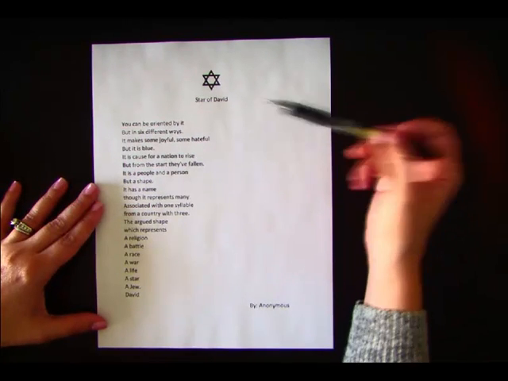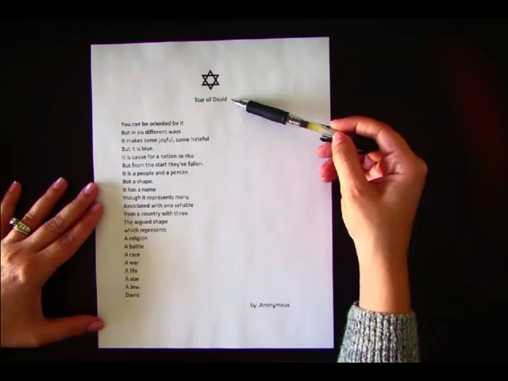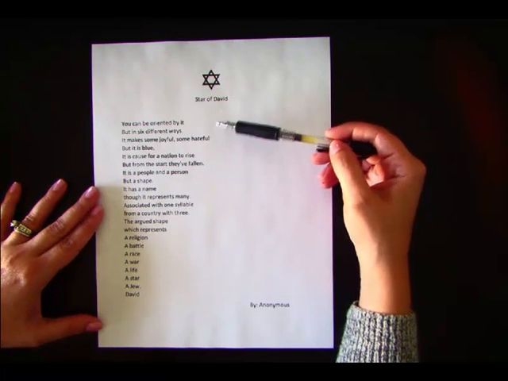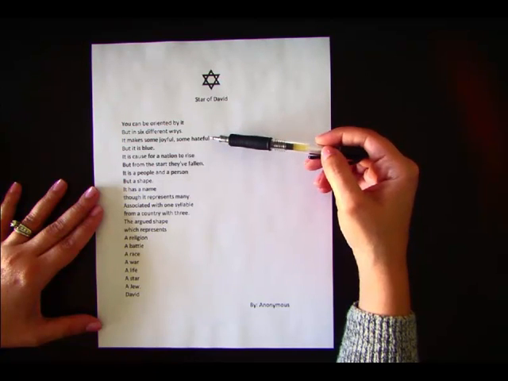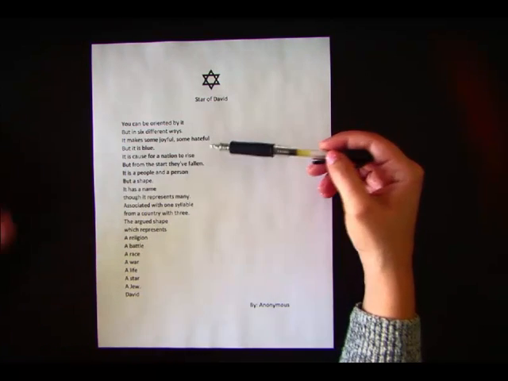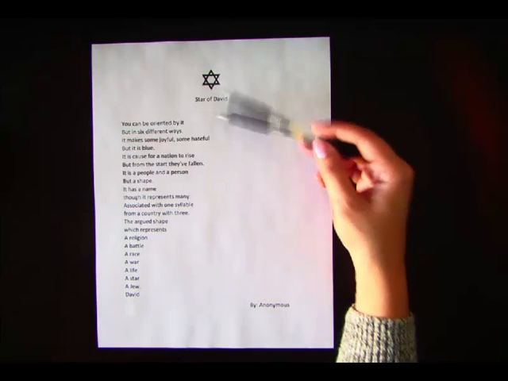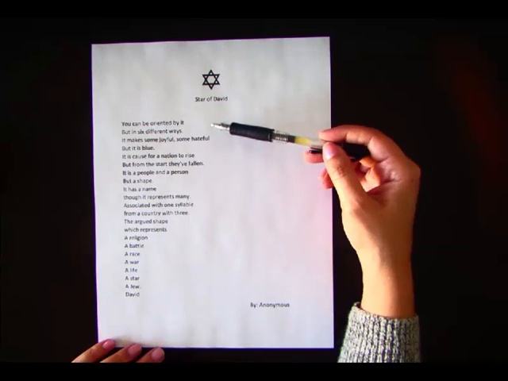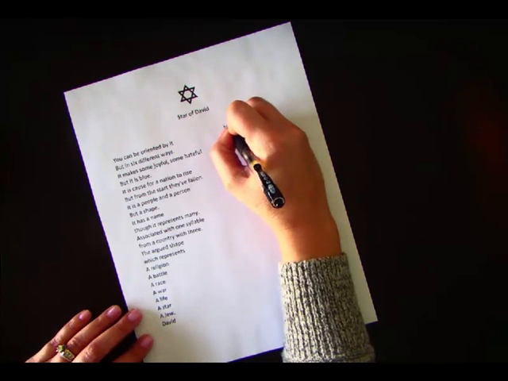Okay, so now I'm going to go back and think about my reactions to this poem. Now, obviously we know from the title that they are referencing the Star of David. And the poem was kind of telling me what this star represents. So that kind of jumps down already to the part of what is the poem mostly about. So I'm going to jot that before I forget.